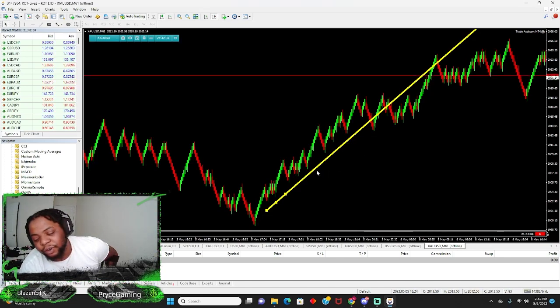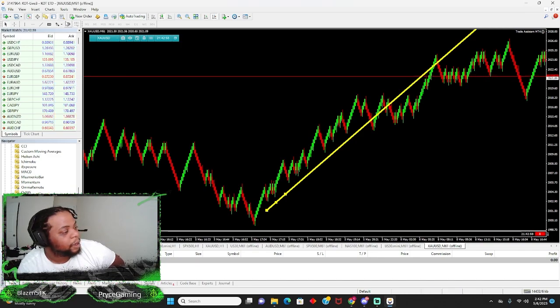To define a trend or to find a trend in Forex, you have to find price making swing highs or swing lows in your direction. So if it's going up, it has to continuously make swing highs, basically giving you that stairs motion. I like to use rectangles.